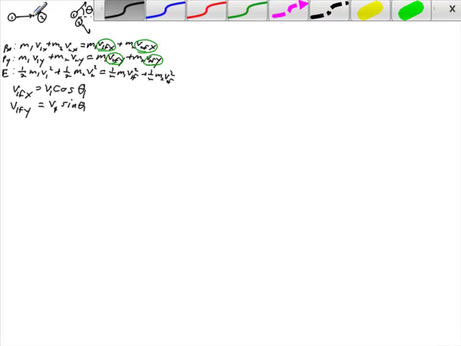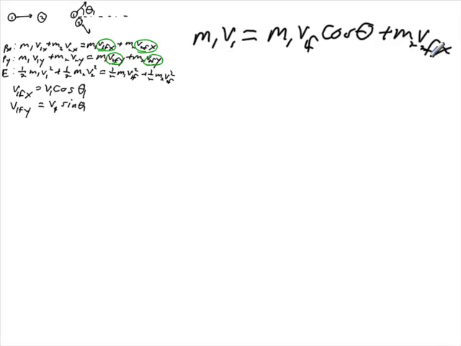So we're going to start with this situation that I suggested here, where object 2 is at rest, object 1 comes in with a velocity v1 that is entirely horizontal. So all of our equations simplify a great deal. We get m1 v1 equals m1 v1 final cosine theta plus m2 v2 final x.